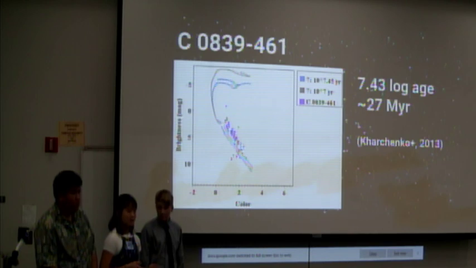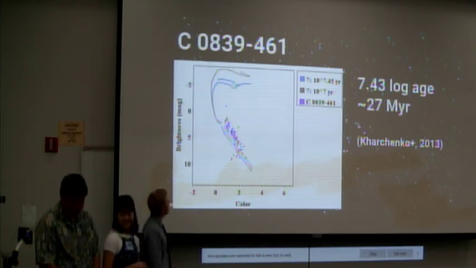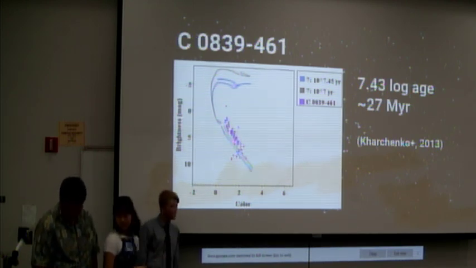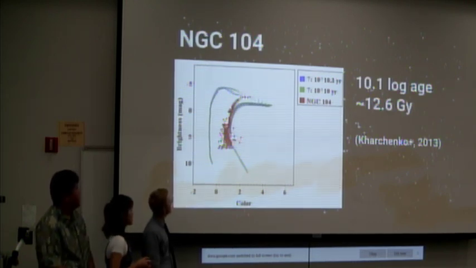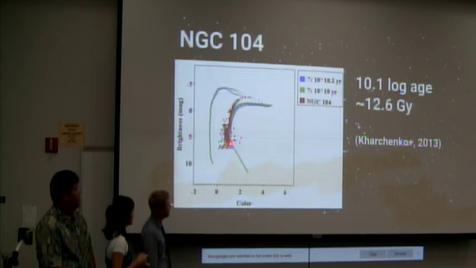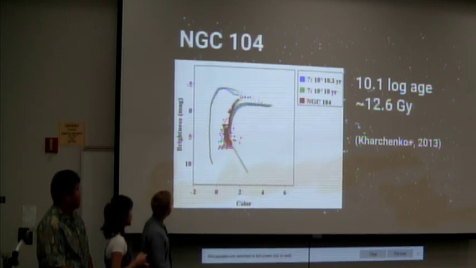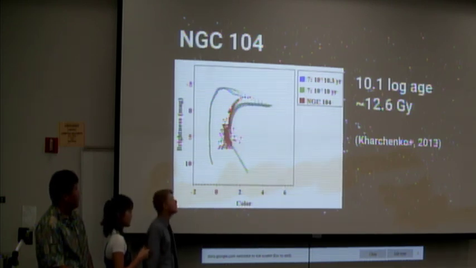There might be some error. Yeah, so that could be attributed to that as well. This one looks really nice. This one is about 12.6 years, and so this is the isochrone for that age range, and you can tell that the model fits with the data very nicely here.